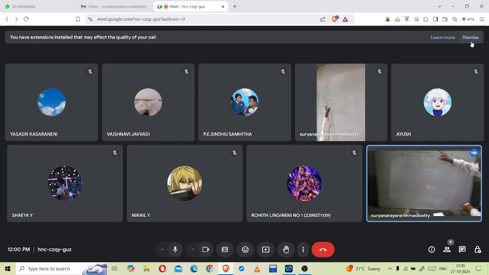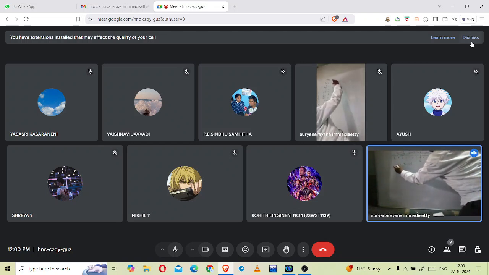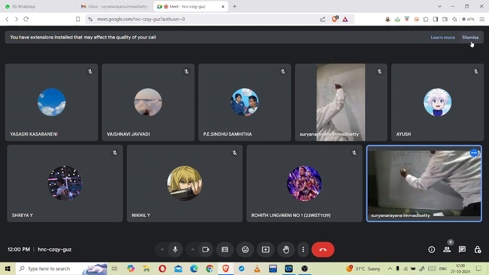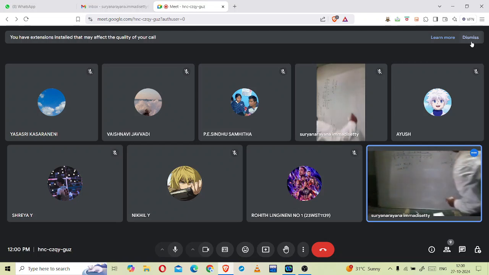If x plus 2 is negative, mod x is equal to minus x. Do you remember the mod x definition? Mod x is equal to x if x is greater than or equal to 0. Mod x is equal to minus x if x is less than 0. So if what is inside the modulus is negative, we put a negative sign in front of it. So here x plus 2 is less than 0.